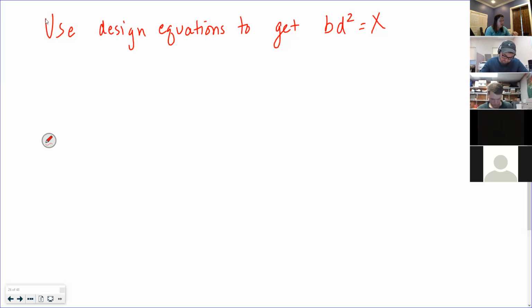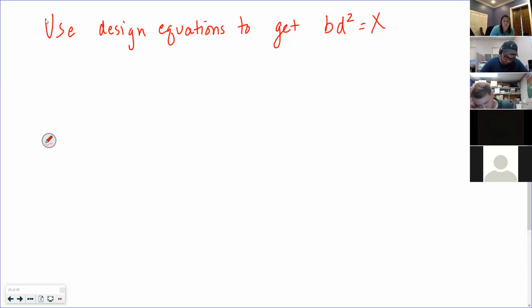Anybody have a value for the BD squared or you're still working? It's fine. I got 6,471.7 inches cubed is equal to BD squared. 6,400 something. 6471.7. Okay. I got a slightly similar number, but different probably with rounding.